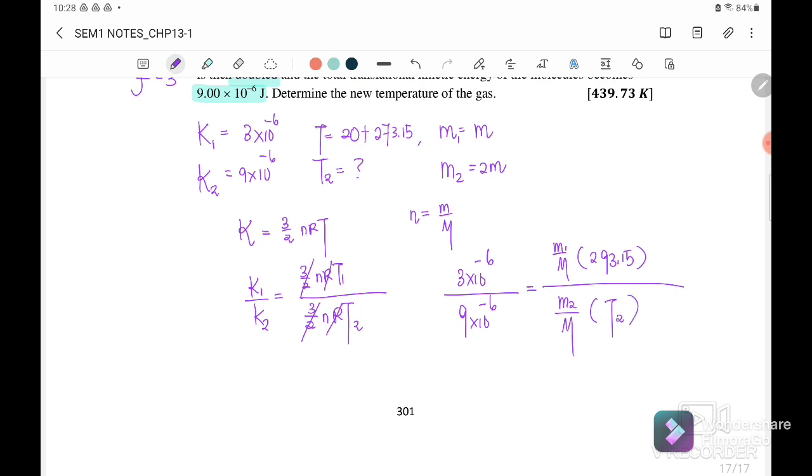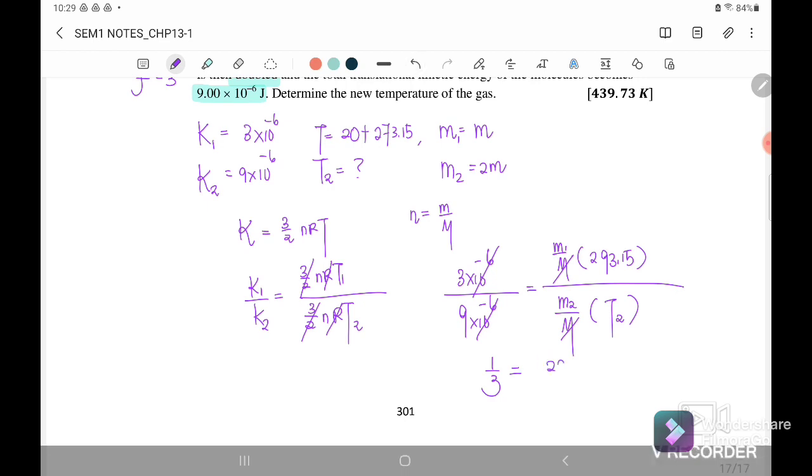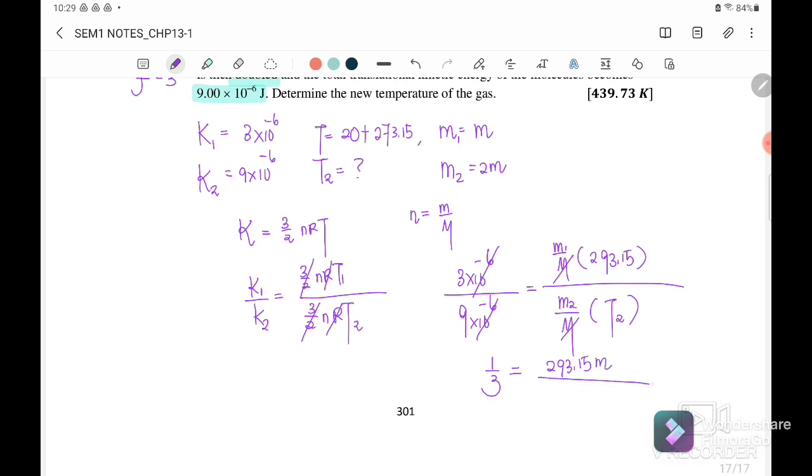This is the temperature that we want to find. Since they are the same gas, the molar mass we can cancel off. So we get 1/3, with the 10 to the power of negative 6 canceling, equals M times 293.15 over T2 times M2, and M2 is 2M. Later M and M we can cancel. So for the final answer, T2 we will get 439.73 Kelvin. So this is the new temperature.